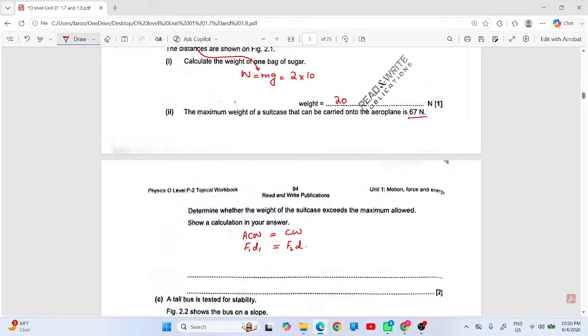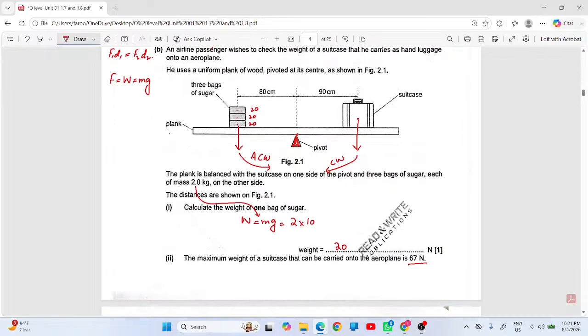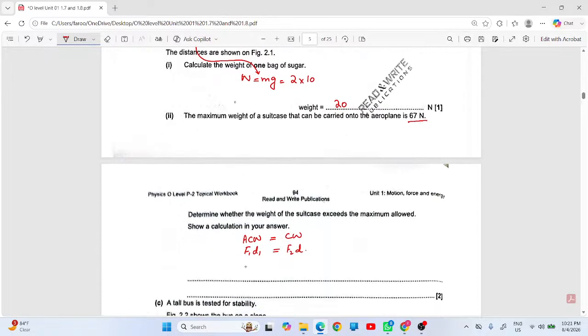Students, now the anti-clockwise moment is due to the bags, and how many bags do we have? 1, 2, 3, each having a weight of 20, 20, 40, 60. So the total weight of the sugar bags is 60. Okay? So we write 60, and their distance from the pivot is what?